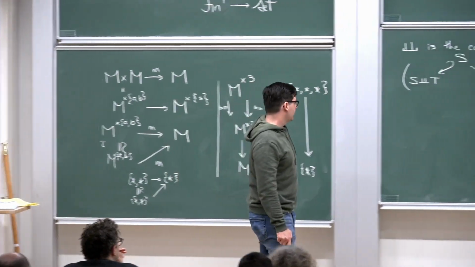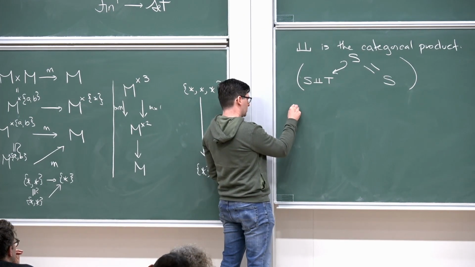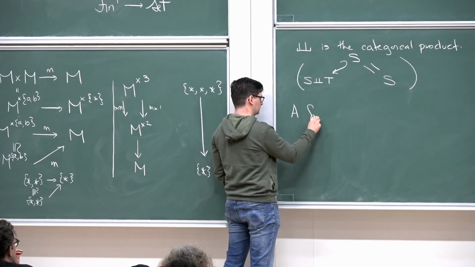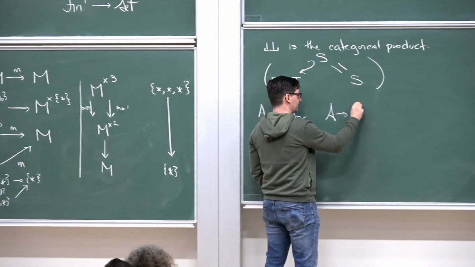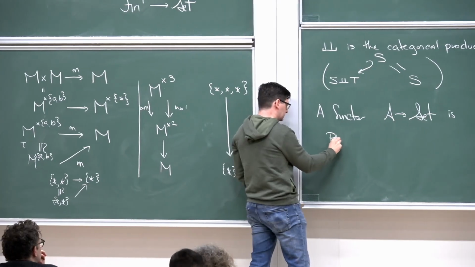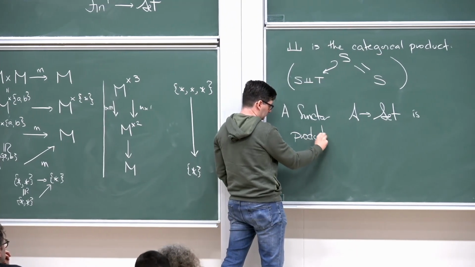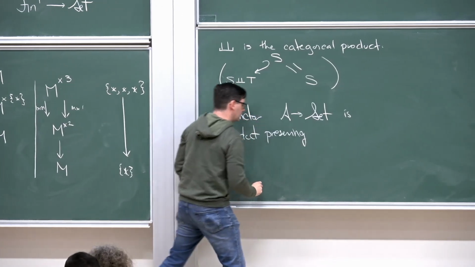So the nice feature here is that we can consider functors. So I'm going to say that a functor from A into set is product preserving if two things hold.